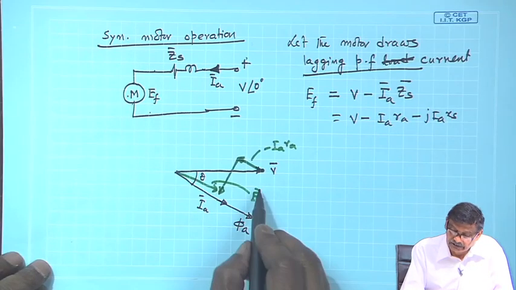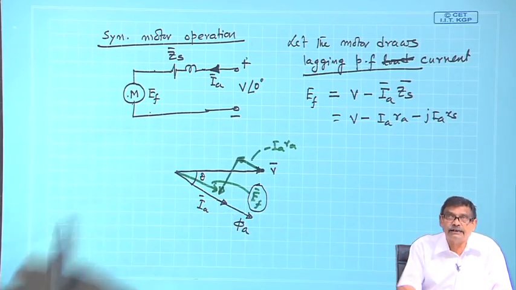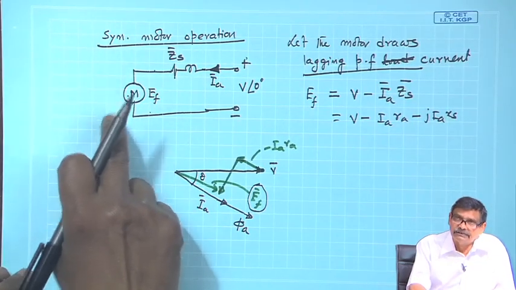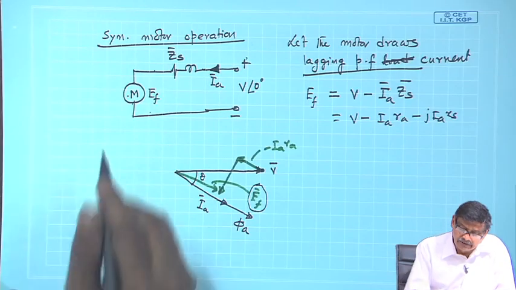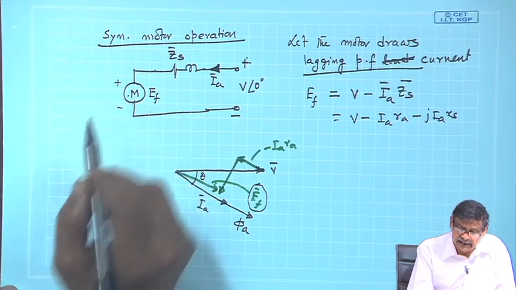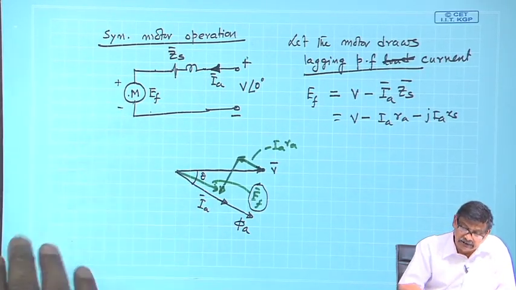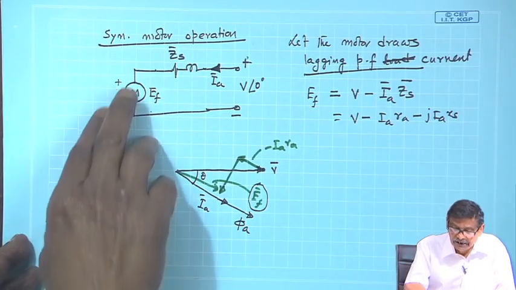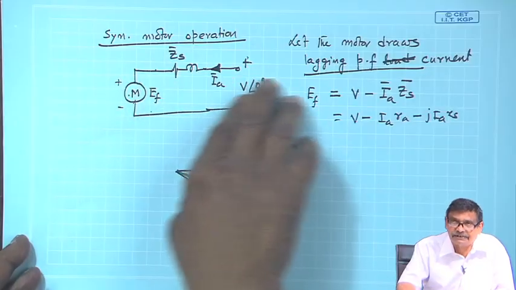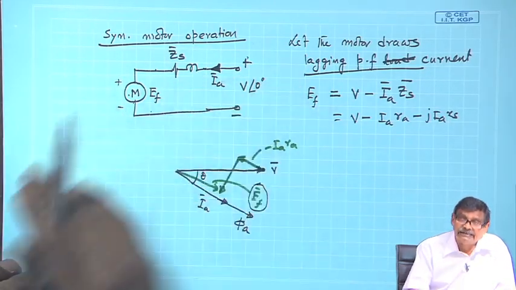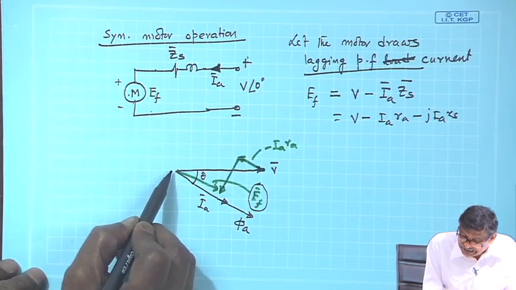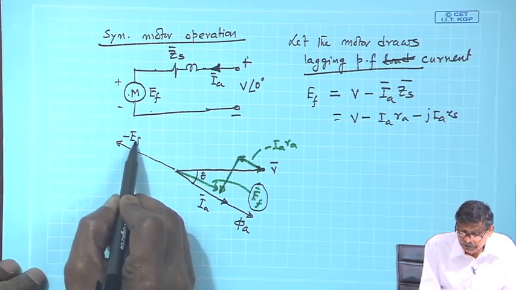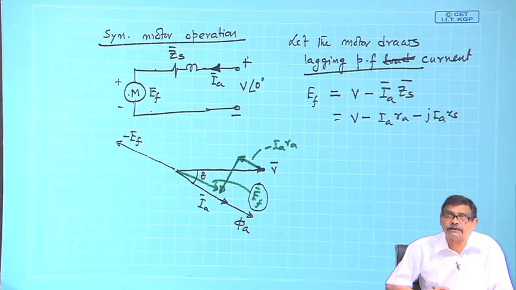Now, what is E f? This point you listen carefully, unlike generator. E f is the generated voltage inside the machine, and its polarity will be like this, and it will be inconsistent: if this EMF is allowed to act alone, it would have driven current in this direction. Therefore, to take that into account, your actual E f is here, minus E f, you have to take if you want to get information about phi f correctly.